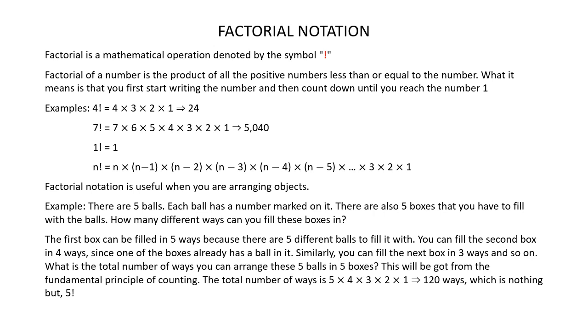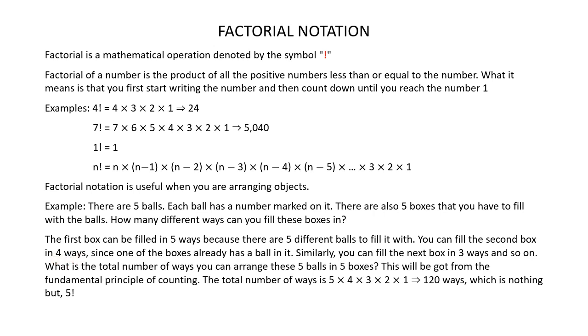Now, when you have to fill the second box, since 1 ball is already in the first box, you are left with 4 balls. So you can fill the second box in 4 ways because you have a choice of selecting 1 ball from only 4 balls.